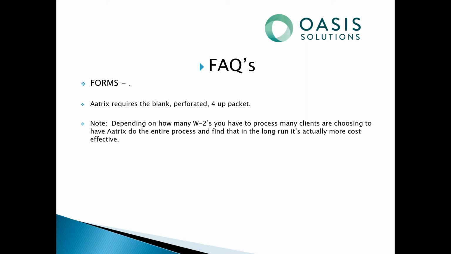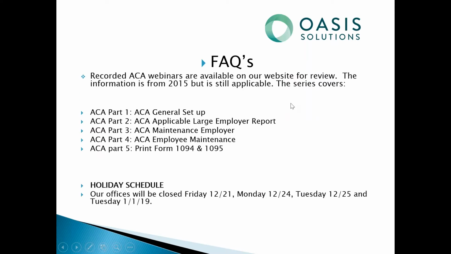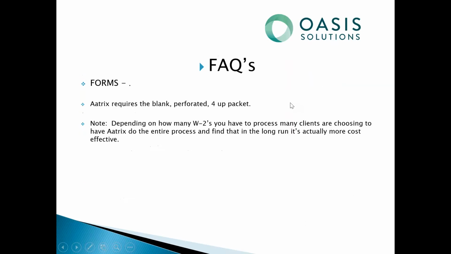You just need to make sure you have the proper form. And the other thing that I would like to note is, using Atrix to print your W-2s is available to you at no charge. If you are required to e-file, state or federal, there is a charge for that.